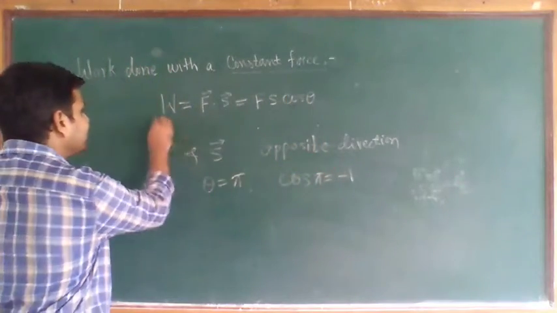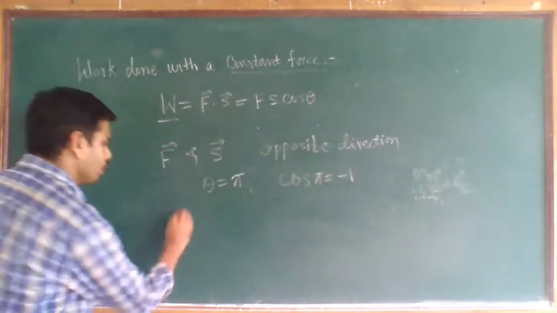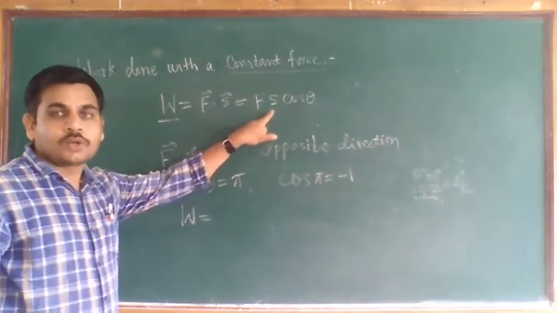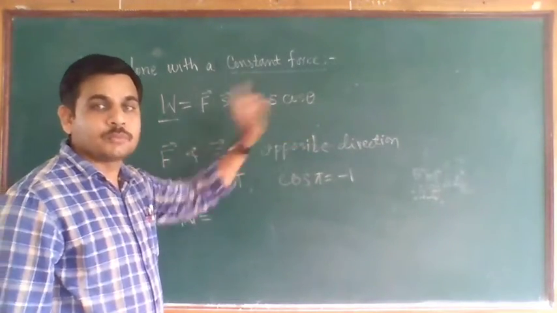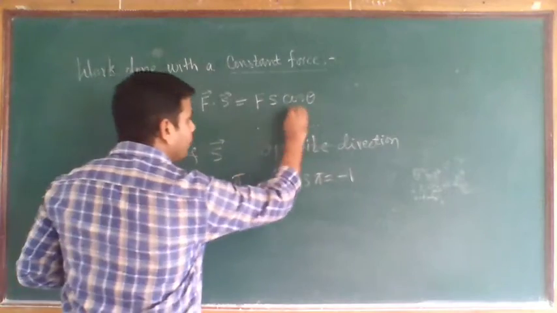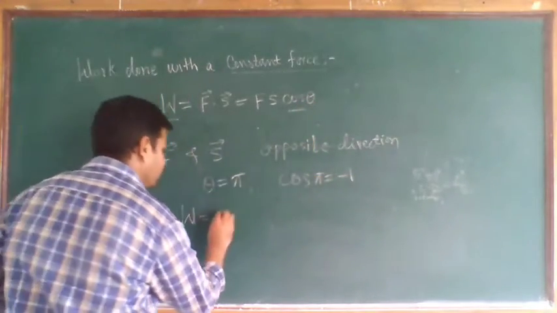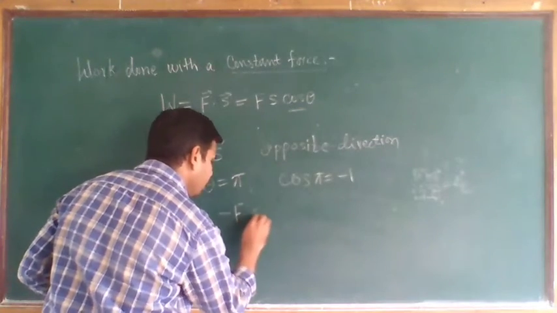The work done is the dot product of force and displacement, so we put cos theta. Theta is pi, cos pi is minus 1, so you get minus F into s.